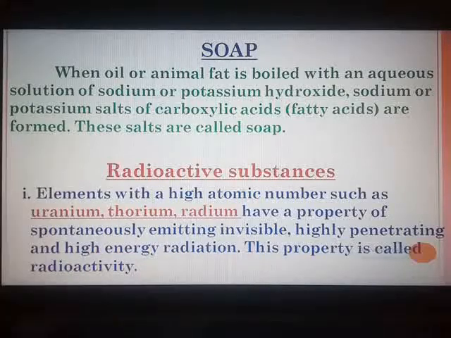This property of the elements is called radioactivity, and the substance which has this property is called a radioactive substance. So here you can say that uranium, thorium, radium, they are radioactive substances.